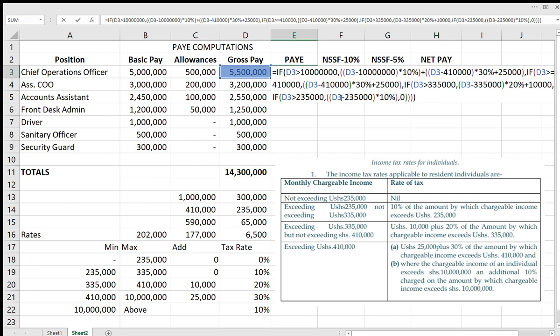So we select and say that amount is the amount which we will find in this gross pay minus 235,000 shillings. So that difference, we use these brackets so well because this bracket works with that bracket. Okay, then times 10% because the rate is 10%.